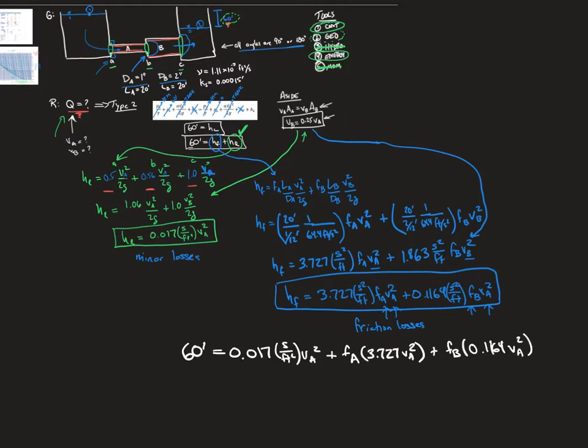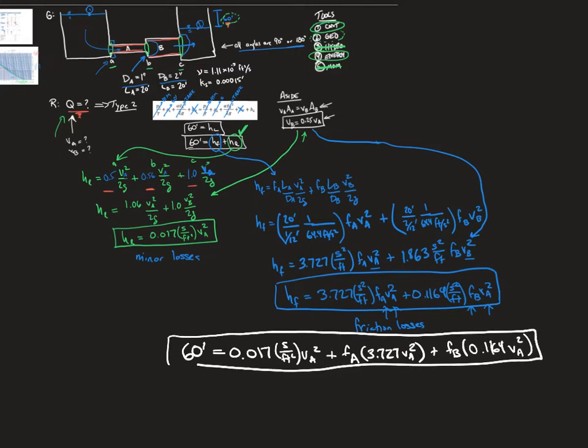So ugly, very, very ugly. Now note, first of all, if we knew the velocity, we'd be done. The big problem here is we don't know the F's.